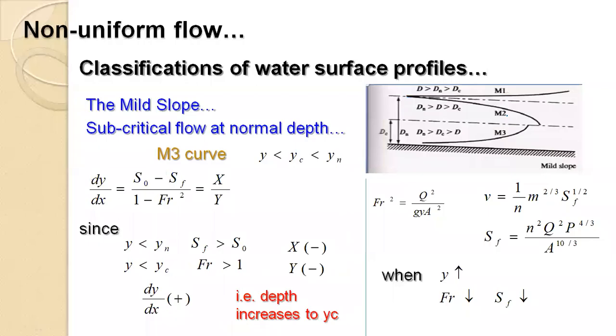So similarly, you can argue for M3, and M3 again will have a negative quantity at the numerator and a negative quantity at the denominator, which would lead to another positive quantity for dy by dx, and that is why the M3 curve will go up. So similarly, for different slopes, you can argue in this manner and then explain how the profile would change along the flow if you have non-uniform, gradually varied flow.